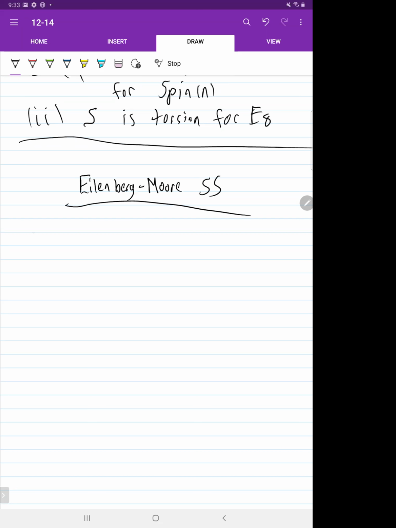So for a bigraded commutative ring R and bigraded R-modules M and N, we define Tor.